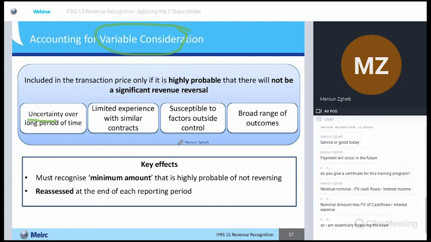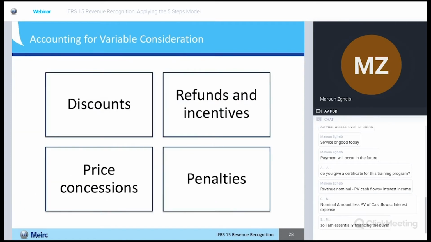So basically, variable consideration is a payment that the company can be entitled to in the future, or a discount that the company might give to the customer in the future. What is the rule in this case? The rule is that you must recognize the minimum amount that is highly probable of not reversing. And now we'll see what is the minimum amount that is highly probable of not being reversed.